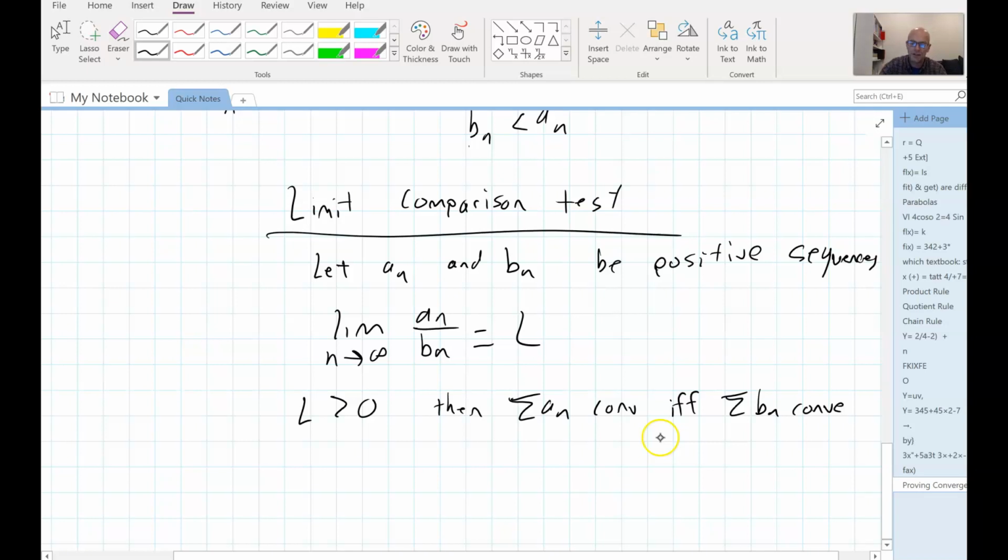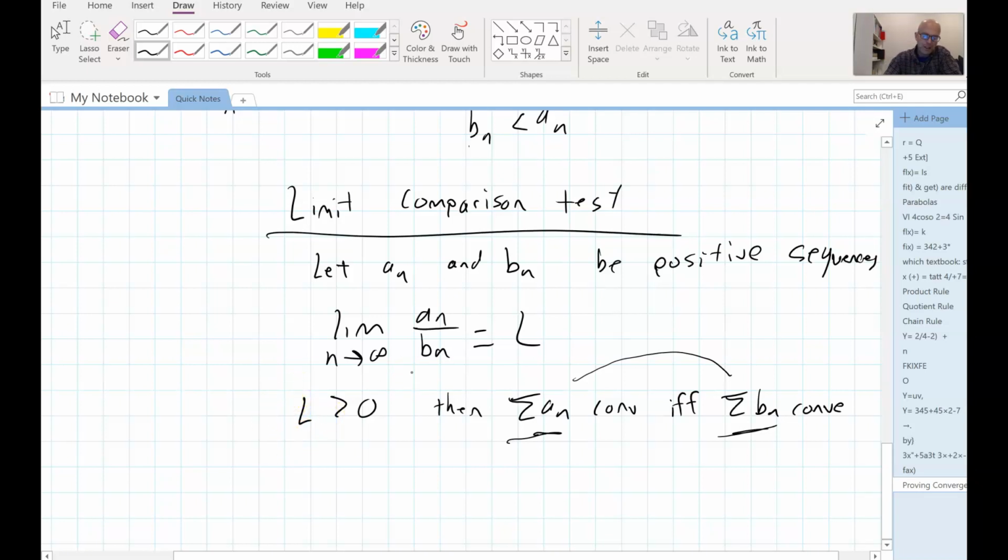That means that if this guy converges, then that guy converges. If this guy doesn't converge, then that guy doesn't converge. So basically they behave the same. So if I know anything about this guy or that guy, then I can say the same thing about the other one. That's if I get an L that's greater than 0.